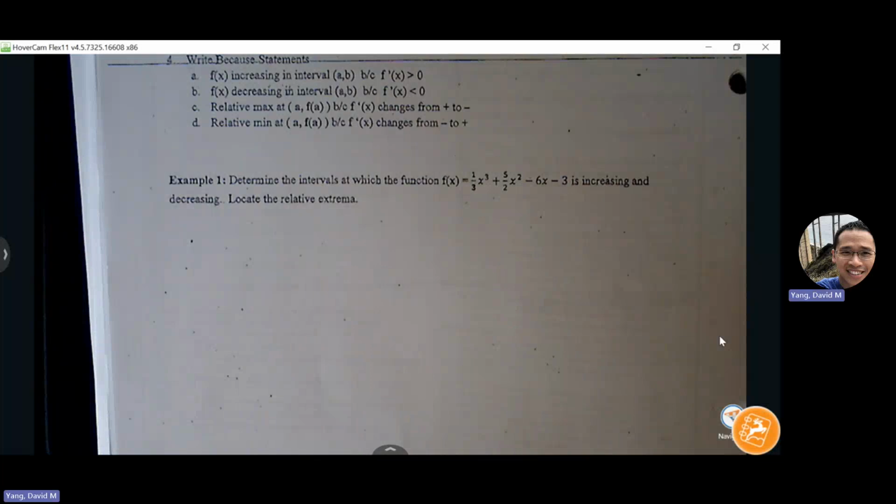So example 1 says this: determine the intervals at which the function is increasing and decreasing. Locate the relative extrema.